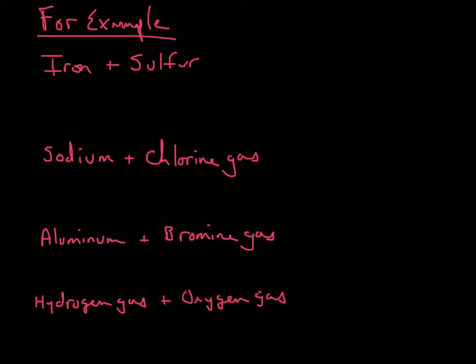Alright, I have iron metal combining with sulfur. So you've got Fe plus S, and I'm getting a compound which, I'm not telling you this. Maybe I'd say it's an iron 2 compound or an iron 3 compound.